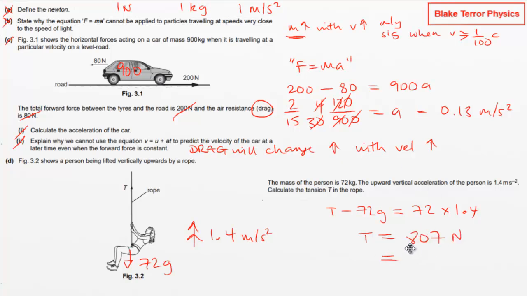We've got two sig figs everywhere, so 810 newtons to two significant figures. Weird, they've given us the same question twice essentially. We've done exactly the same thing on each occasion, but that's fine, just more marks for us.